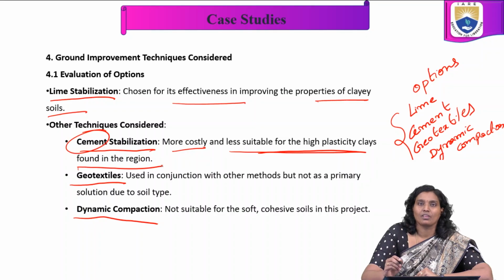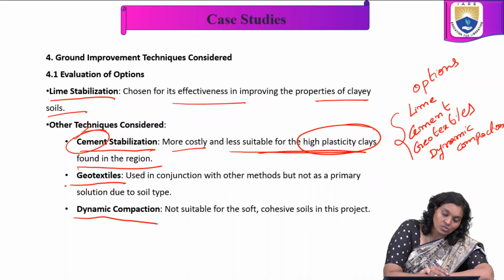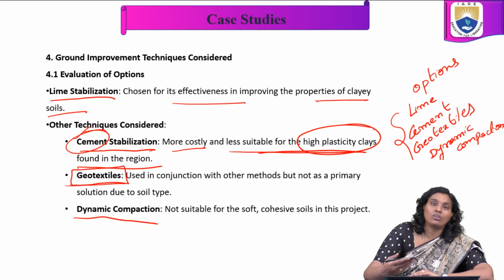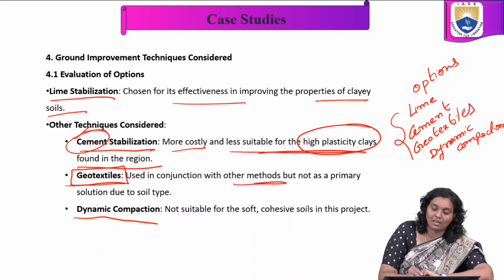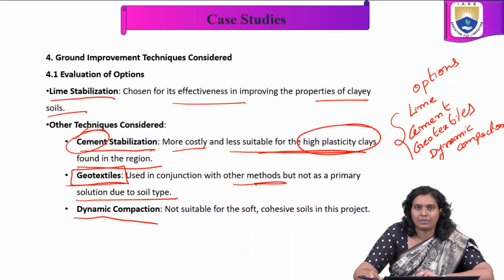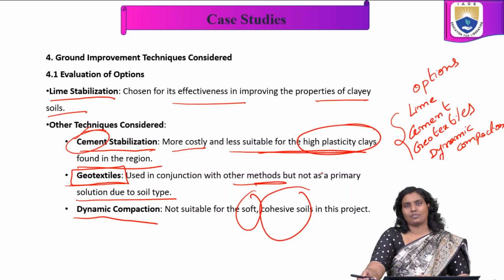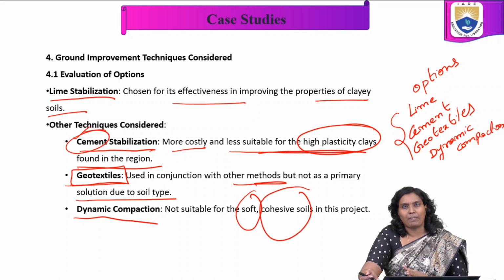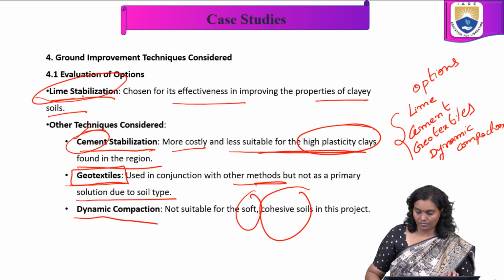So this technique is not suitable for high plasticity clays. Geotextiles are also one more technique, used in conjunction with other methods but not as the primary solution due to the soil type. Dynamic compaction is not suitable for soft and cohesive soils. So these are the parameters, which is why we chose lime stabilization.